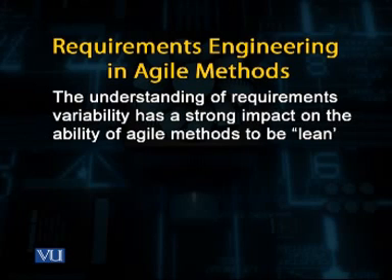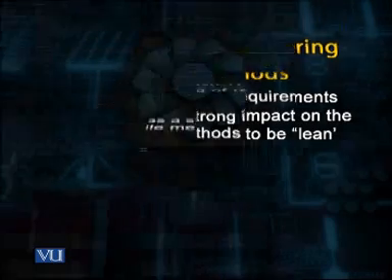This is because the requirements vary, and if we do not understand and manage the variability of the requirements, then the concept of lean production becomes difficult to manage, and lean production is one of the key aspects of agile methodologies.